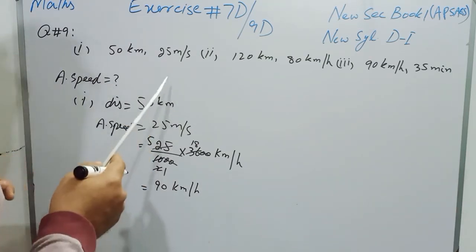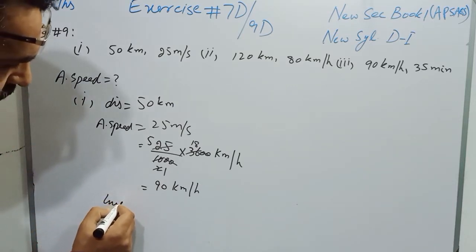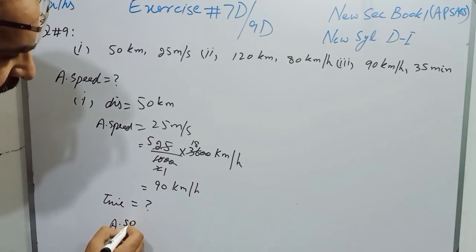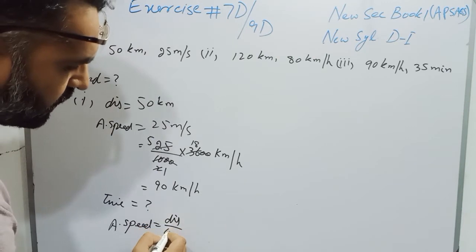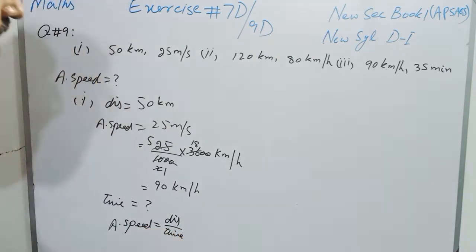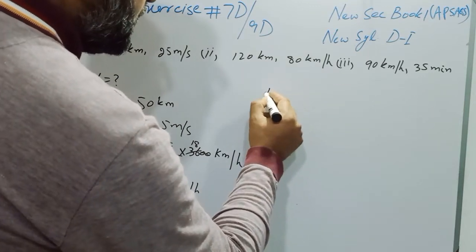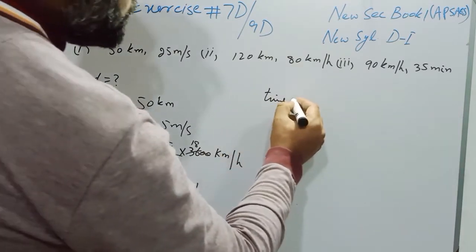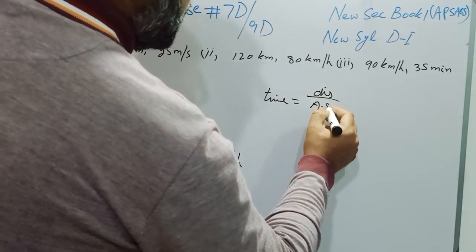So students, as we have to find the time, so time is equal to question mark, and formula of average speed is distance over time, and time we have to find. So students, time will multiply on left side and average speed will divide on right side. So time is distance over average speed.